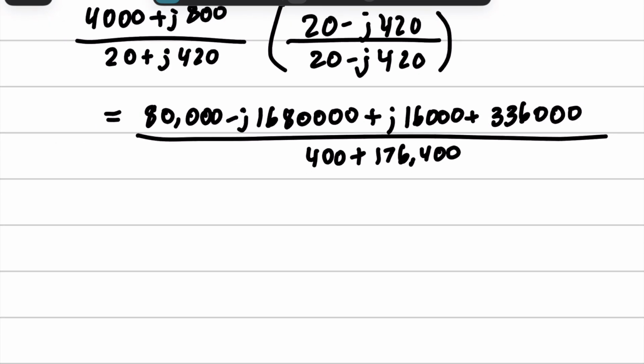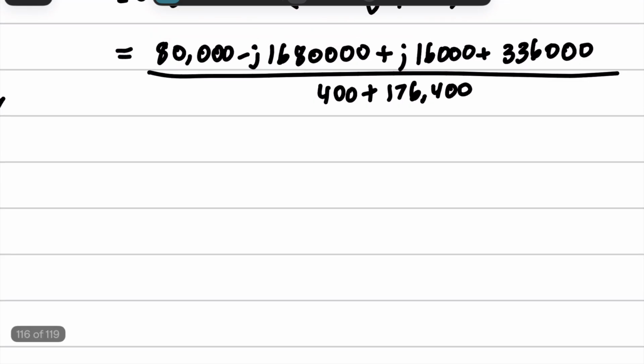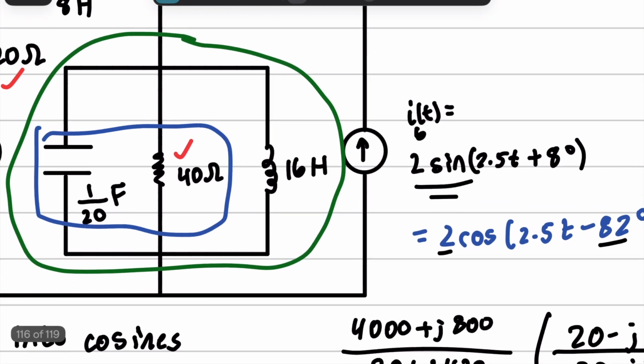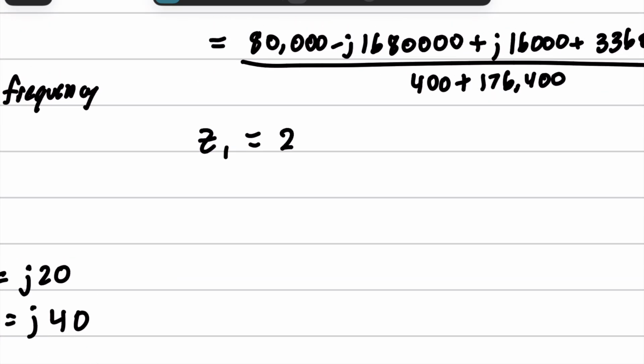And all of that simplifies down if you just put this into a calculator and make sure that you are aware of combining like terms, you're going to get Z, and I'm going to call it just Z1. So this whole thing in here is going to equal Z1 is equal to 2.352 minus J9.411.